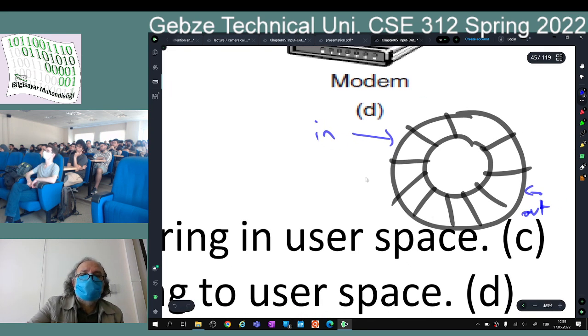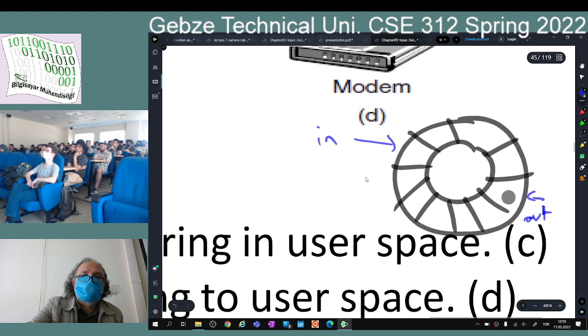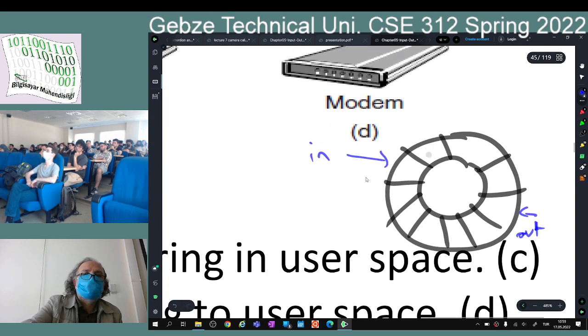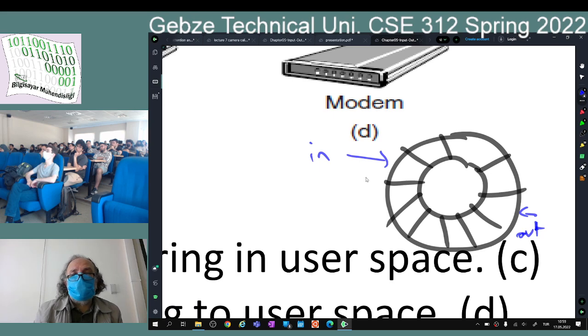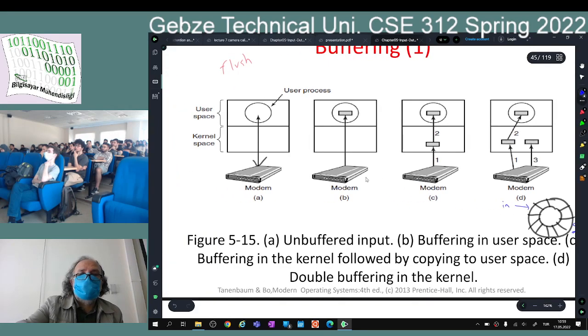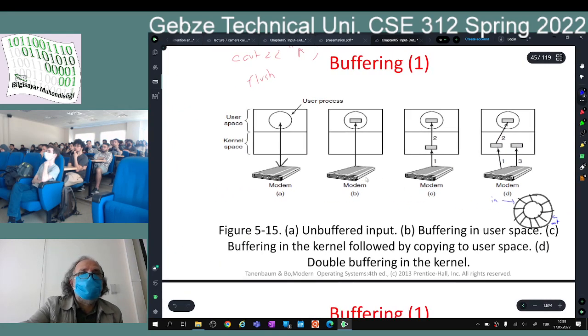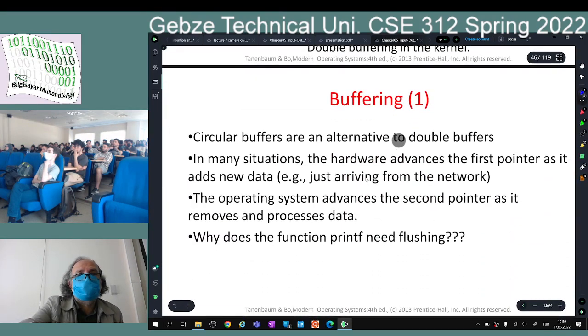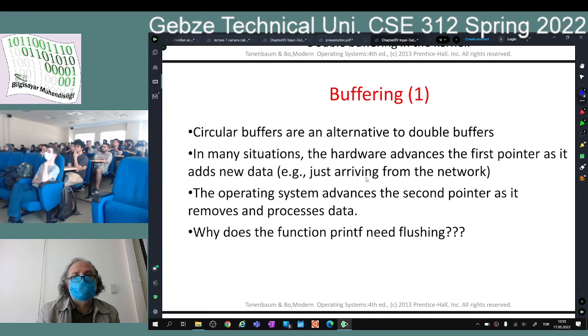If I am reading out from this one, I am reading from here, then this one, then this one. So I can use the same buffer to put in my data and to read out my data. If the buffer is large enough, I can handle this at the same time. I don't have to keep two separate buffers for double buffering. Instead of double buffering, a large buffer, but a circular buffer.